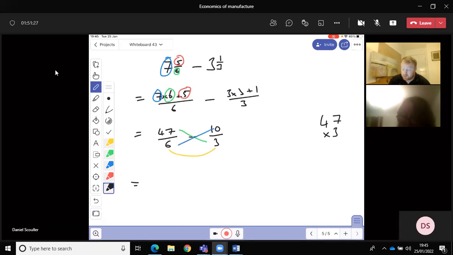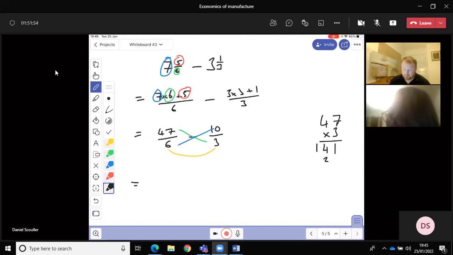So in school, you'll probably be taught the column method. We do 3 times 7, which is 21. That 2 carries forward. 3 times 4 is 12. Yep, 12 plus that 2 on. So we're getting 141.